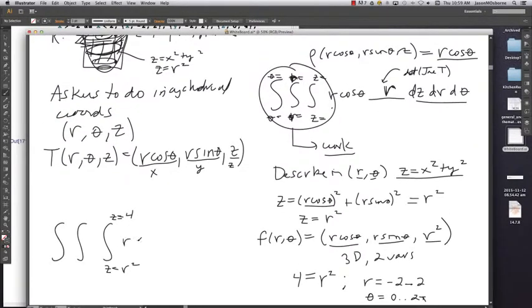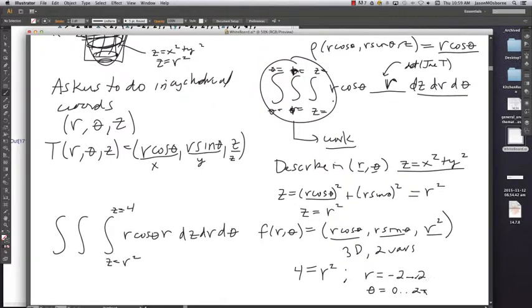Okay, so let's pick back up the r cosine theta, the r term, and then we've done the dz, and now we need dr and d theta. And I think we've established that r goes from 0 to 2 here, because theta is going to go from 0 to 2 pi. So r will go from 0 to 2, and theta will go from 0 to 2 pi.